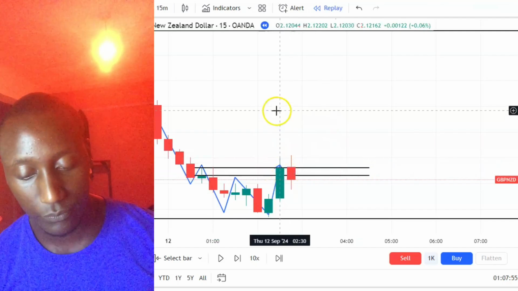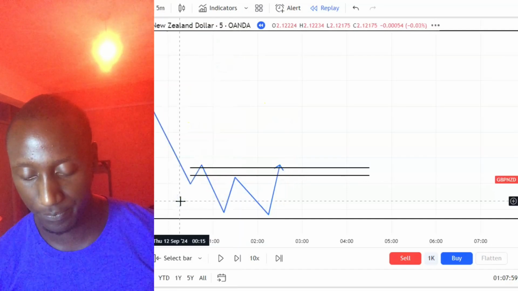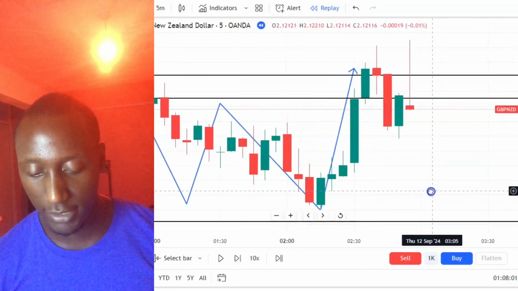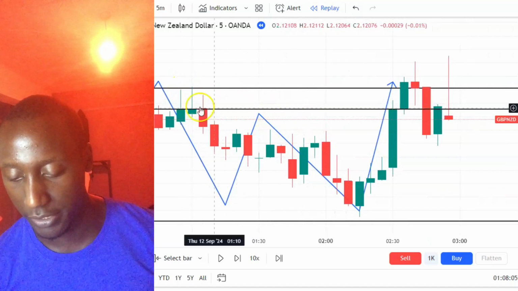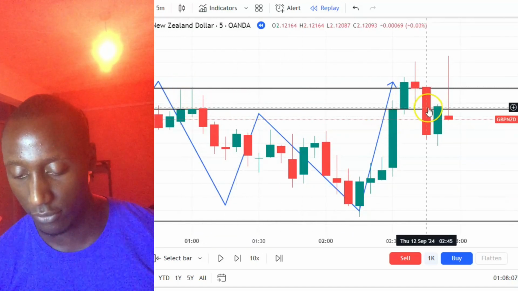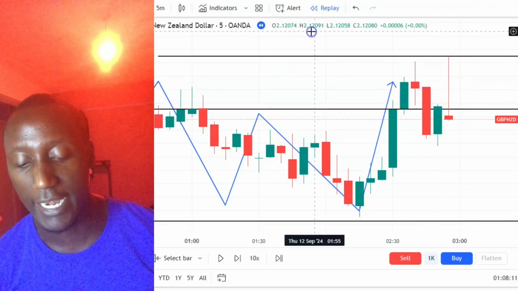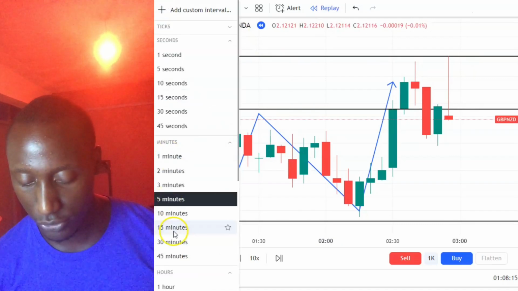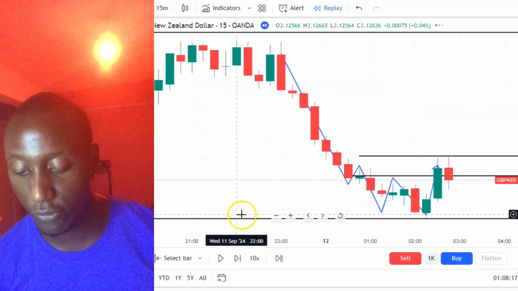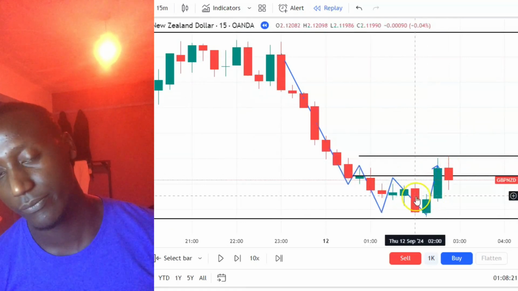All right. So if we go further to the 5-minute time frame, you can see it's a very nice place where price is consolidating. We have this level, we have this level. So this is what we call levels. Once you see your levels on the 15-minute time frame, you wait.